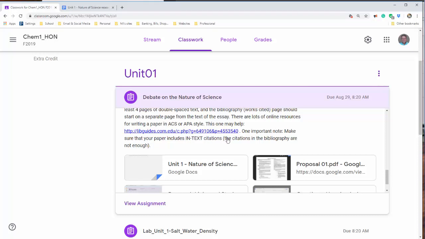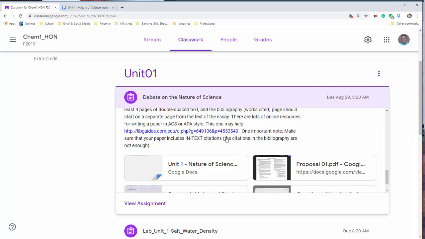When you look up a source, you need to have an author. If the source doesn't have an author, it's probably not a valid source anyway. Now that's not to say that there aren't organizations that as a group are the authors.